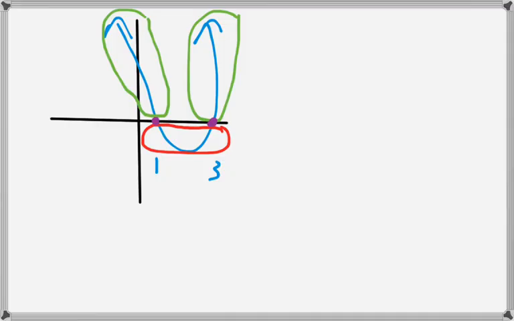The function is positive to the left of 1, negative between 1 and 3, and positive to the right of 3. To check positive or negative, we're comparing the function with 0. Positive means greater than 0, negative means less than 0. So we'll need to make sure that one side of the inequality is 0, and then find the zeros of the other side.